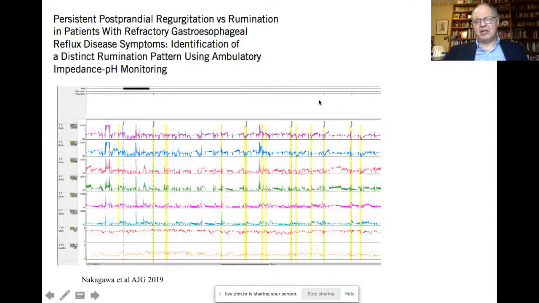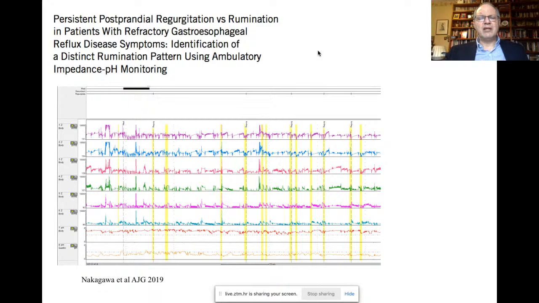Another interesting use of impedance is the following. There are young women, particularly women, who complain of persistent regurgitation after meals in spite of PPI treatment. These patients are characterized as refractory reflux disease.